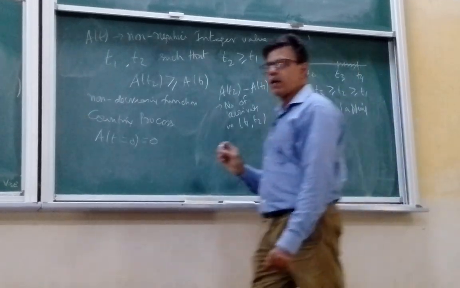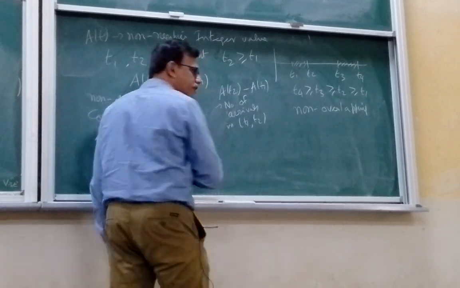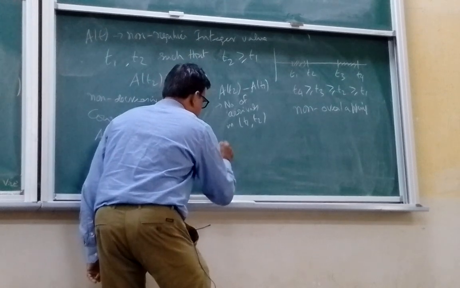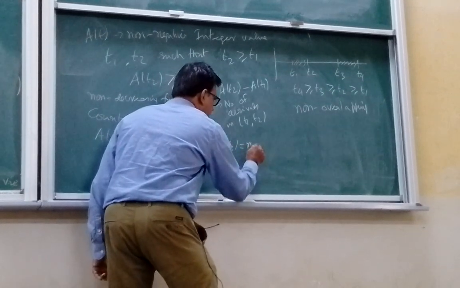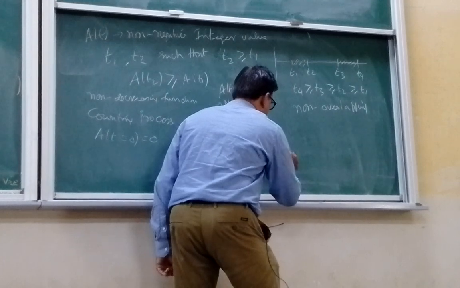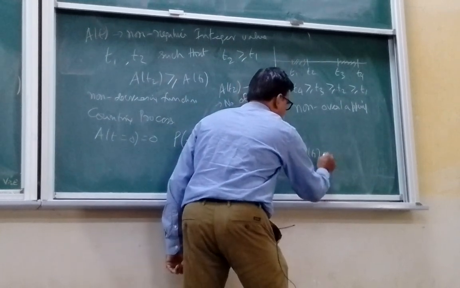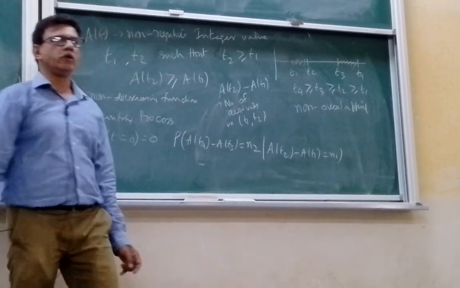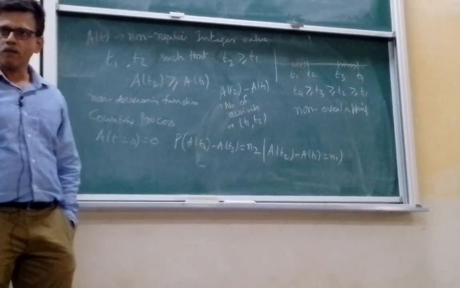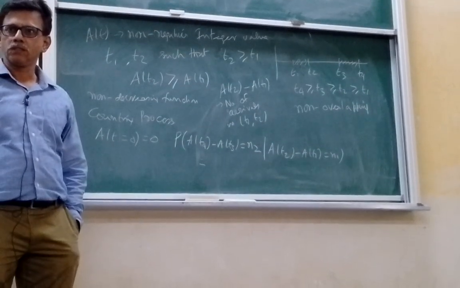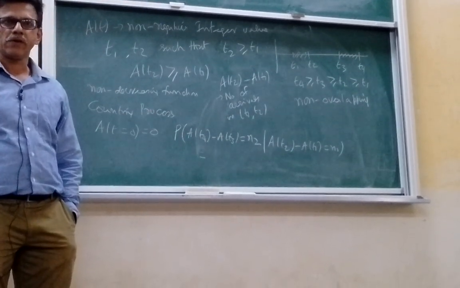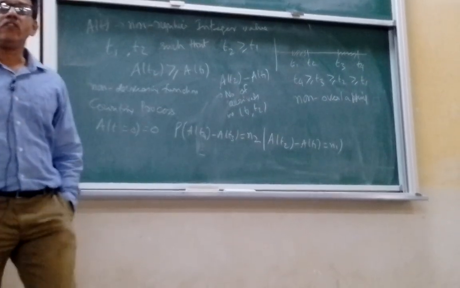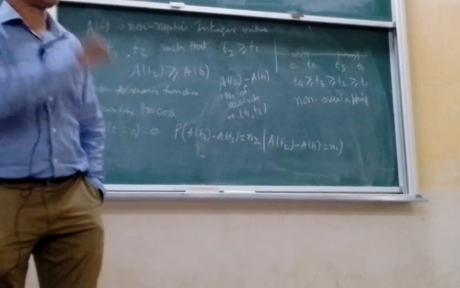So I will put a question which is more probabilistic, more precise. Probability that A of T4 minus A of T3 equal to N2, given that A of T2 minus A of T1 equal to N. If I ask this conditional probability, what can you tell about it? Correct, very correct.